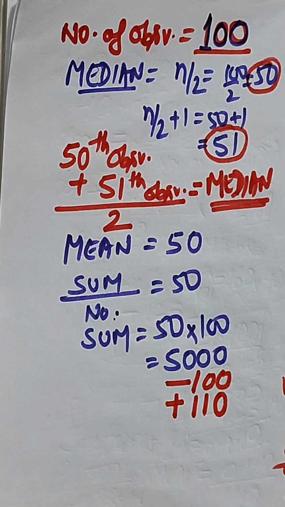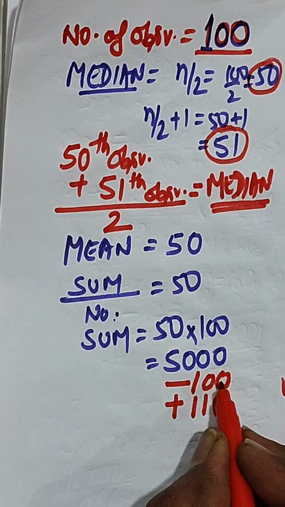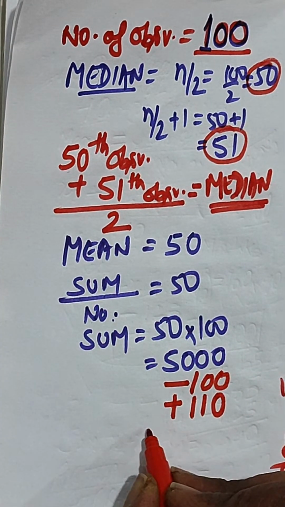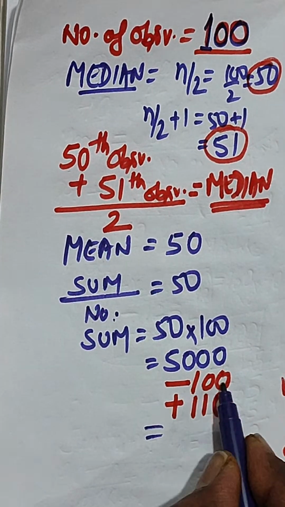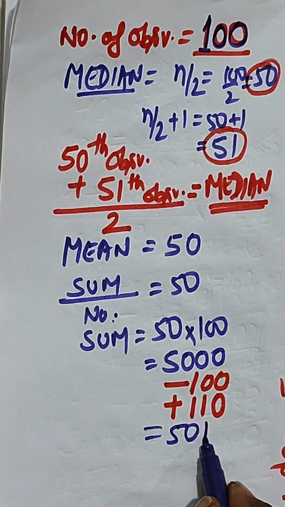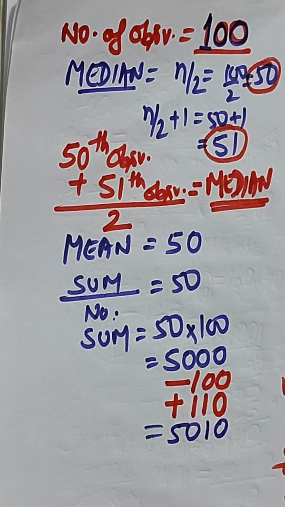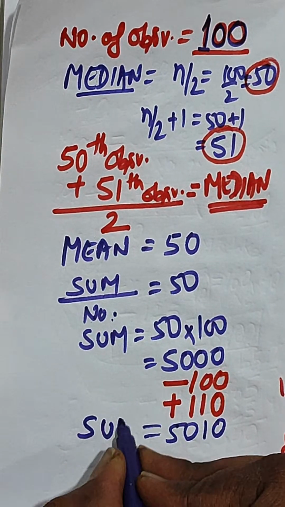Let us calculate: 5000 minus 100 plus 110. Effectively it is 5000 minus 100 plus 110, that is plus 10. So the sum is coming as 5010.